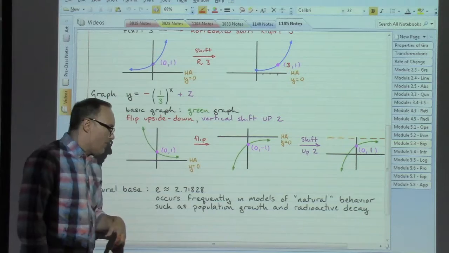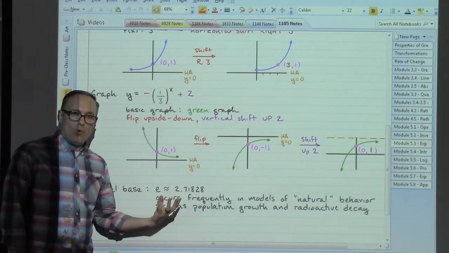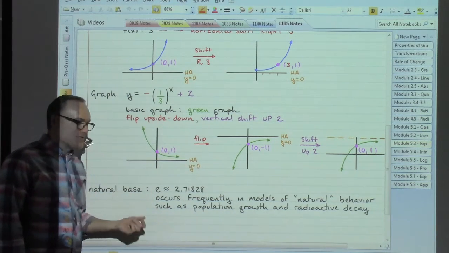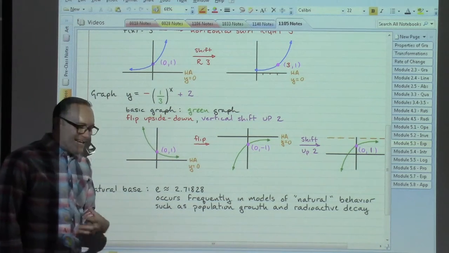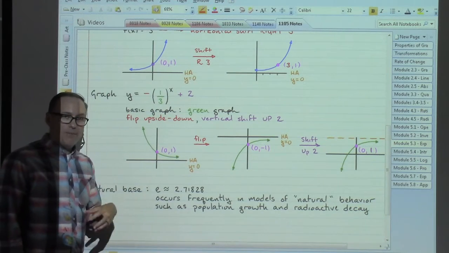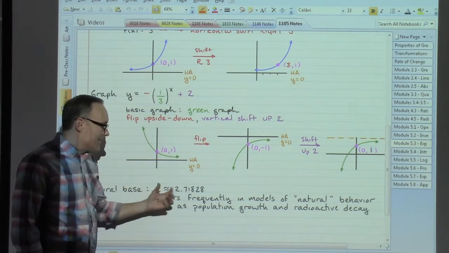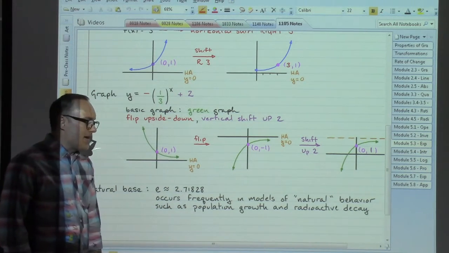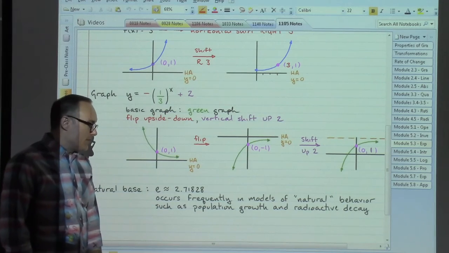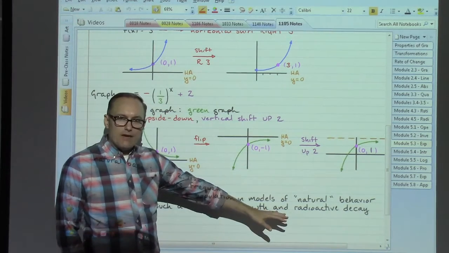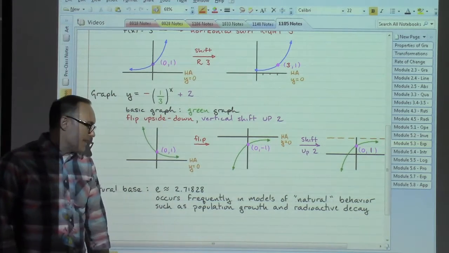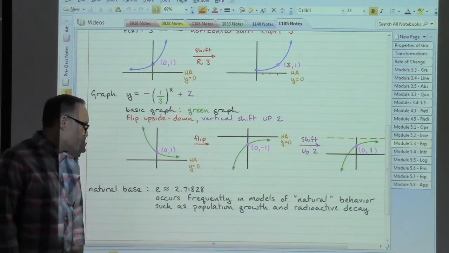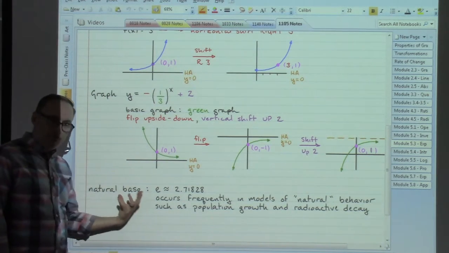This is something that was attributed to a guy named Euler. Yes, his name starts with an E. It's also called not just the natural base, but Euler's constant. It is a super important number in math, and it is approximately 2.71828. It is a number that happens to appear frequently in models of natural behavior, which is why it got the name natural base. So population growth, radioactive decay shows up in those kinds of natural phenomena.